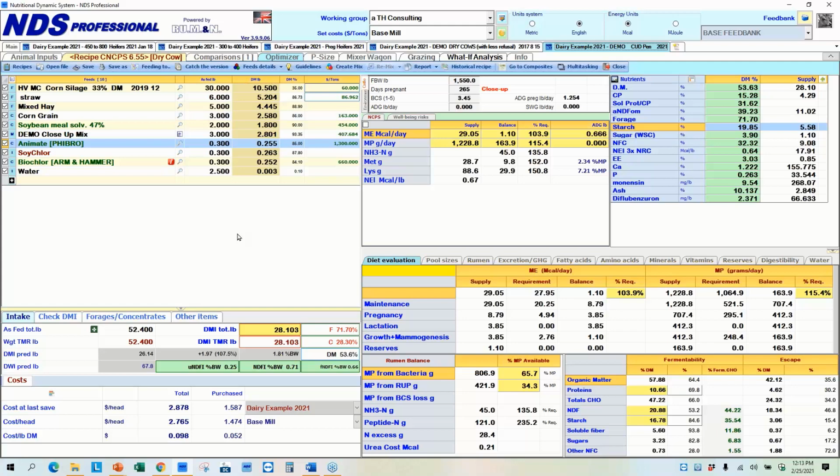There are many studies done recently showing some benefits in supplying methionine and even lysine during this period, during the close-up.